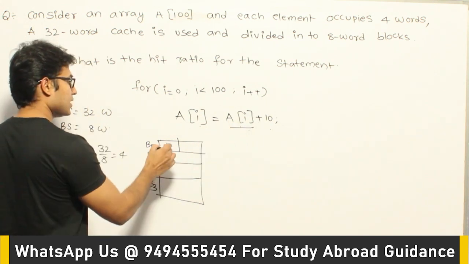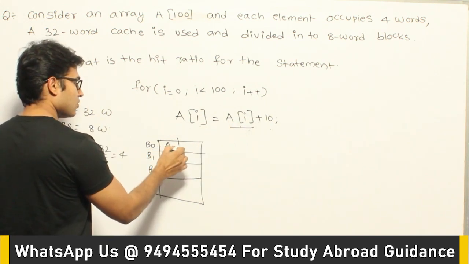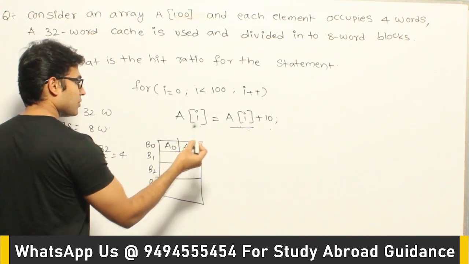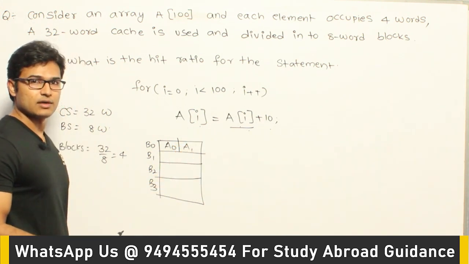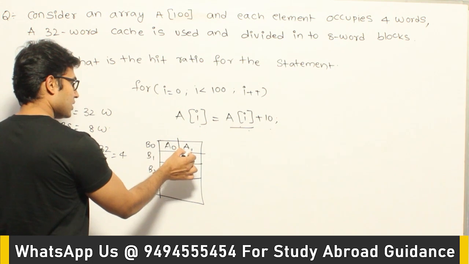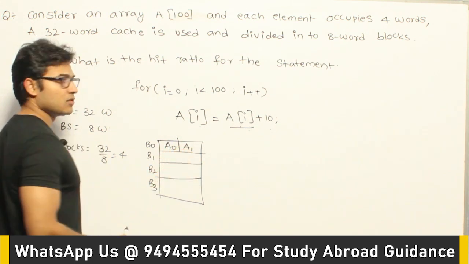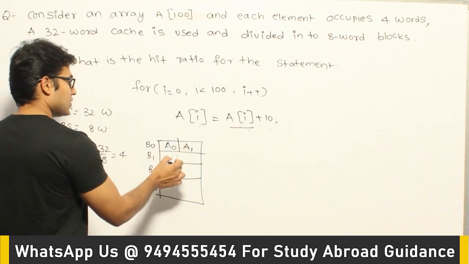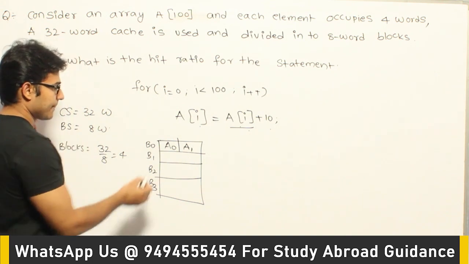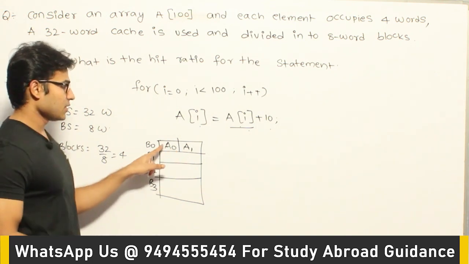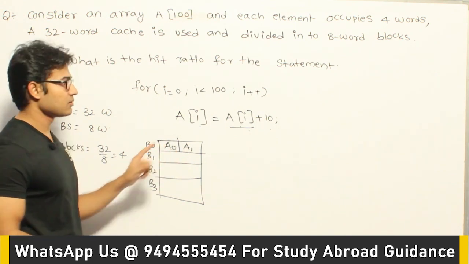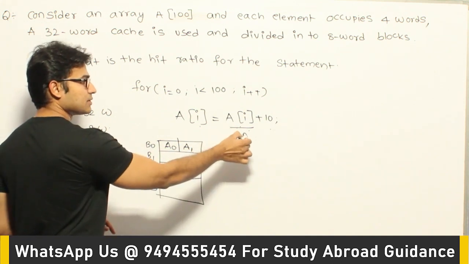So if you try to get A0, along with that A0, the one adjacent to it is going to come into the picture, right? So even if you try to get A0, along with that A1 is going to come in, right? Now the first time you ask for A0 it is not there, so it is going to be a miss, right?